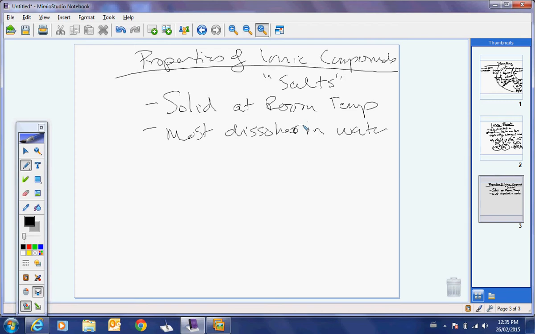Okay. Do you remember what I said about its conductivity? Right, but what do I need for its conductivity? Do you remember? Electricity. I need electricity to flow through it.